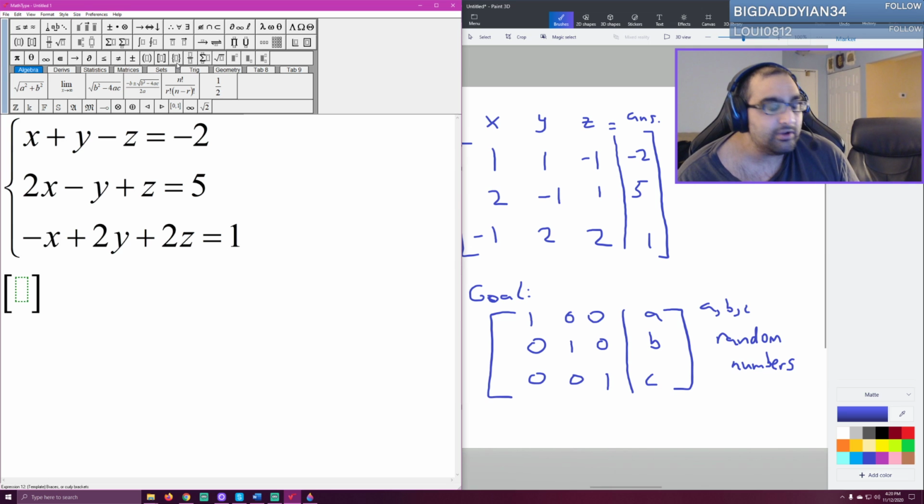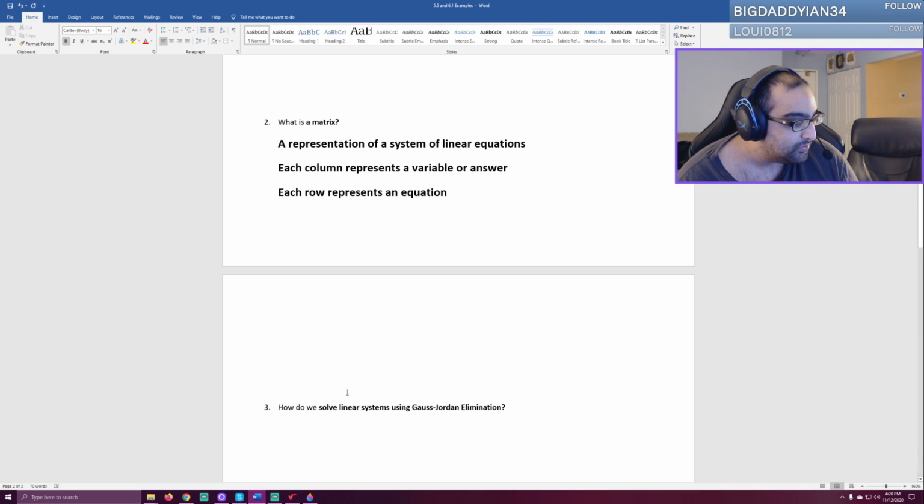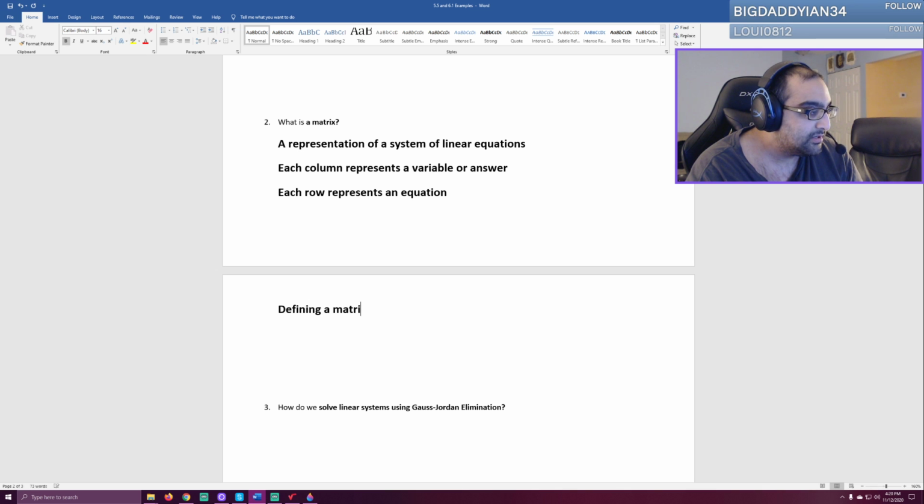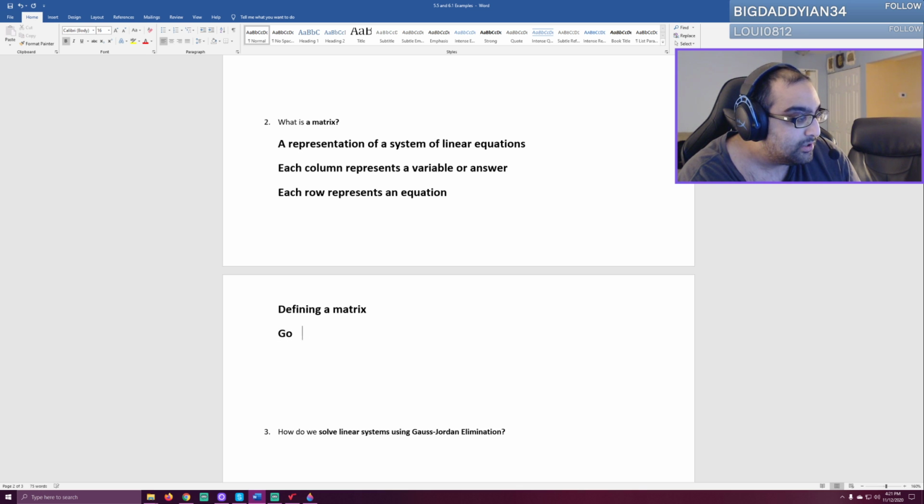Now I want you to see one thing right away. We have 3 rows and 4 columns. One thing that I do want to point out here, and let me go back to the Word document here, is anytime we define a matrix, and this will be important for what we'll do on the calculator, we always want to go by rows by columns.